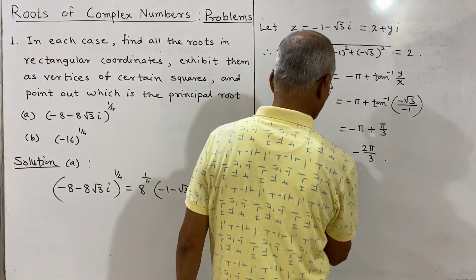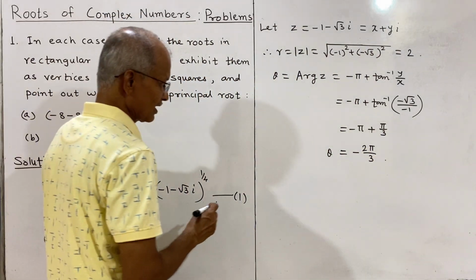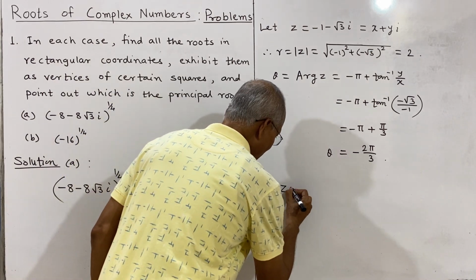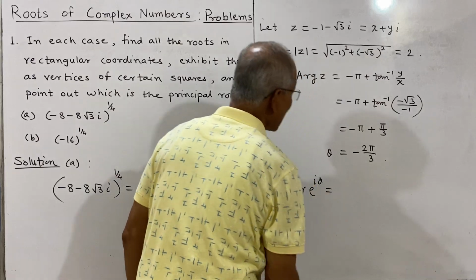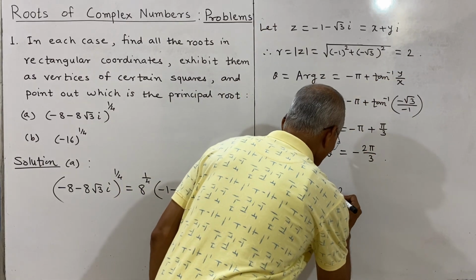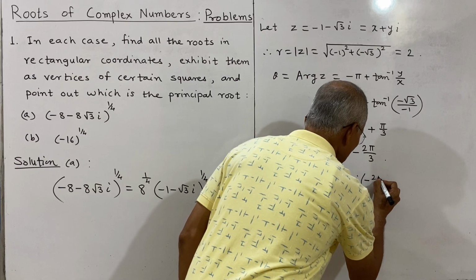So this is what θ is, and therefore z is r e^(iθ), where r is 2 and θ is −2π/3.